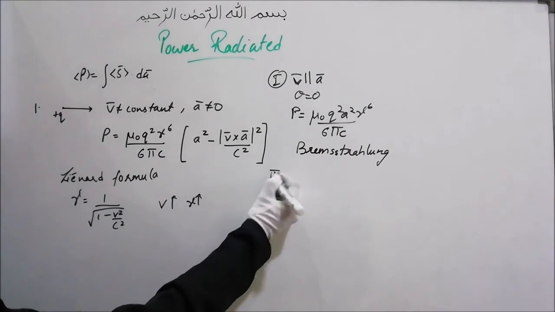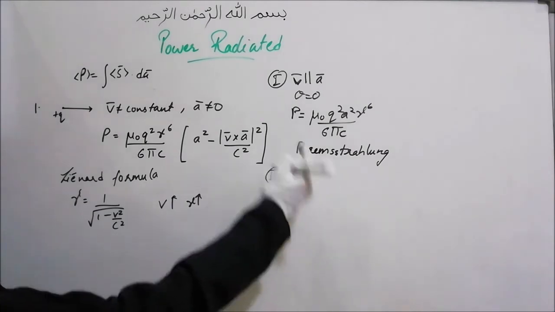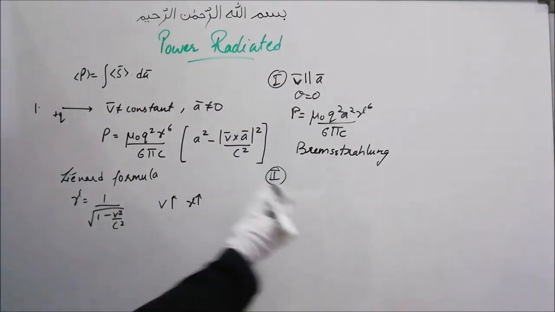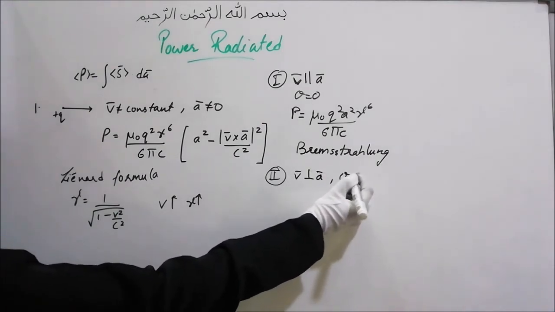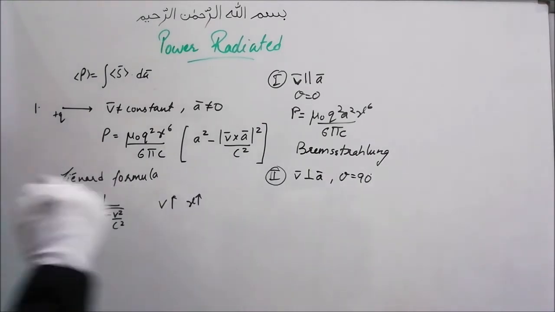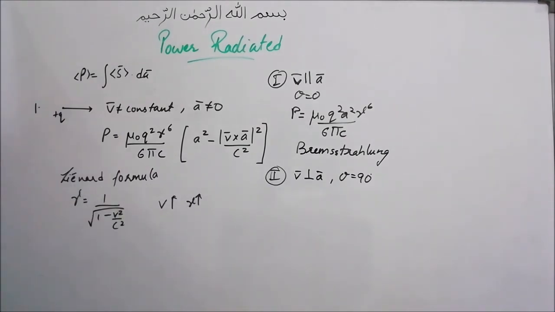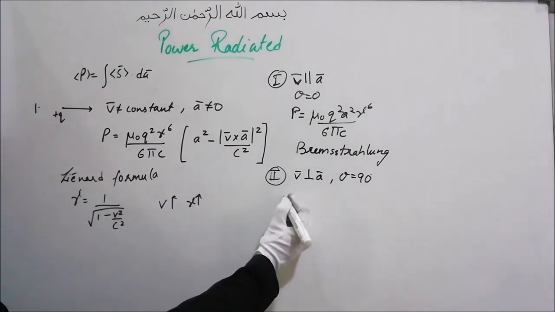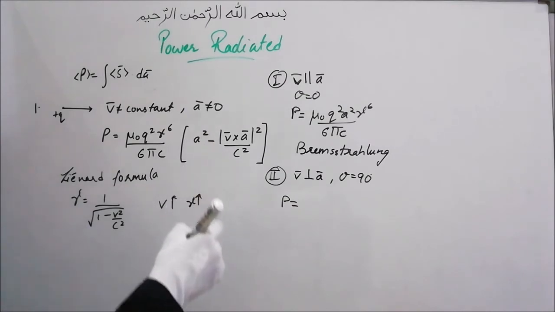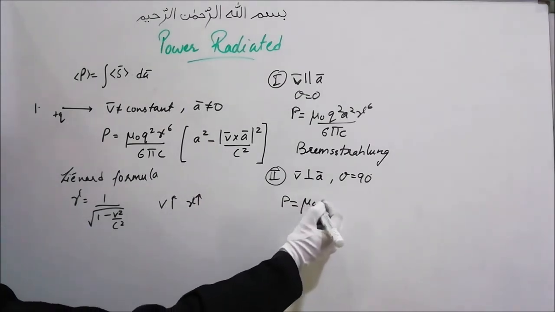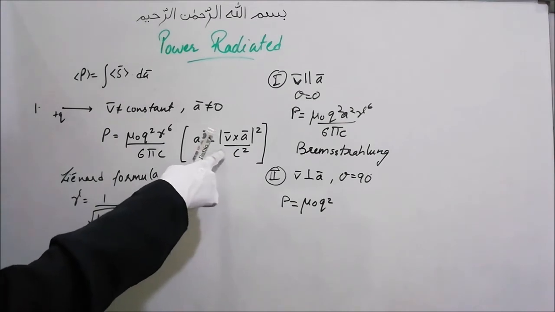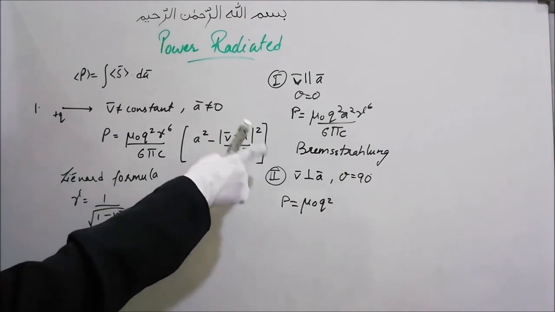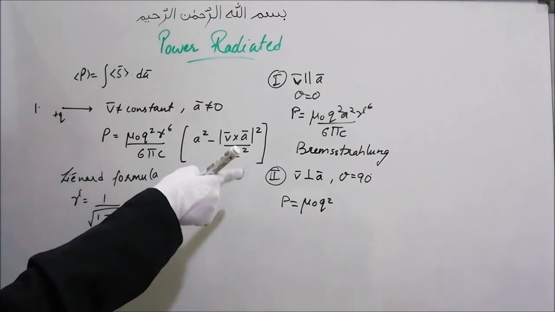Then case 2. Case 2 is when v and a are perpendicular to each other. In this case theta will be equal to 90 degrees and it will be a circular motion. So the power, with theta 90 degrees, v a sine 90 will be equal to 1.